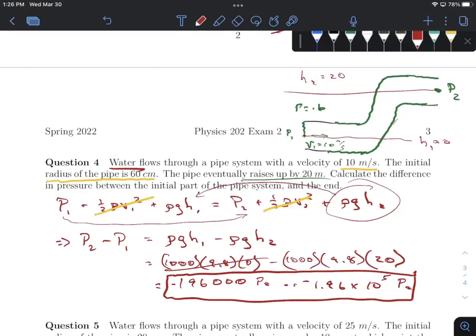But at the end of the day, there's nothing here that tells you that the radius changed. The pipe didn't change size. So that should lead you to say, okay, even though I know what the velocity is, the velocity won't change. So 1/2 rho v1 squared will be the same number as 1/2 rho v2 squared. And thus, when you manipulate the algebra, they just cancel out.